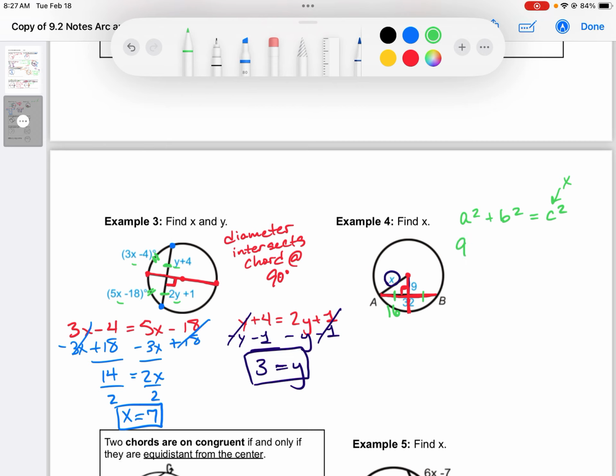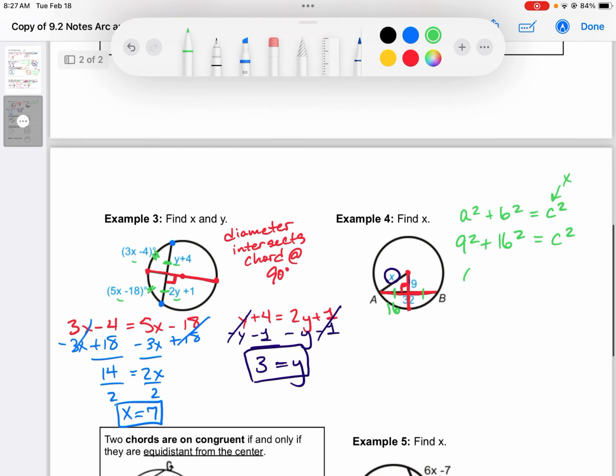So I'm going to set it up using my sides. 9 squared is 81. 16 squared is, I believe, 252, but let me confirm before I put a wrong number on here.